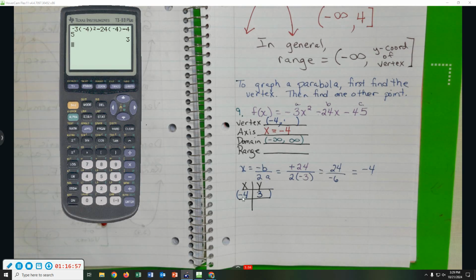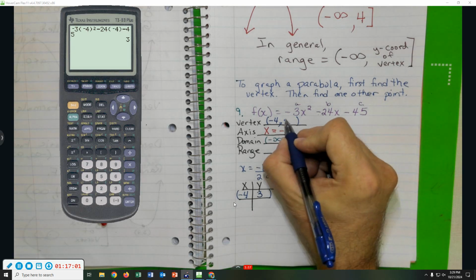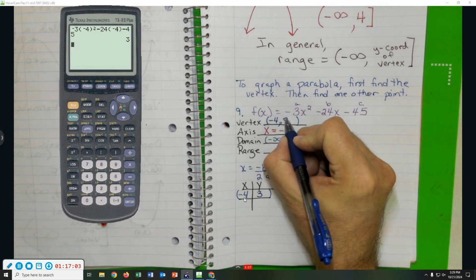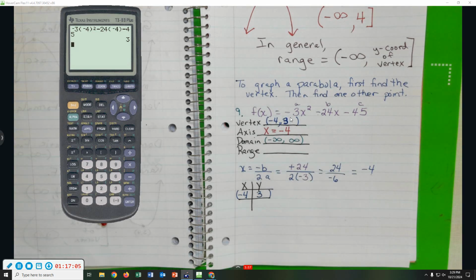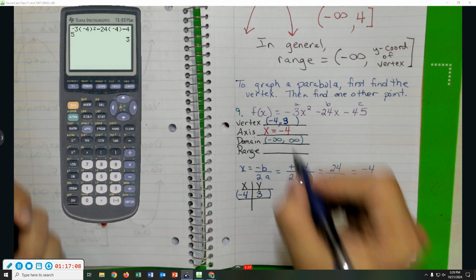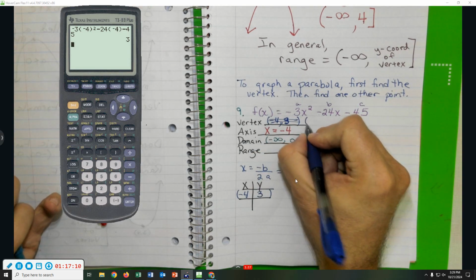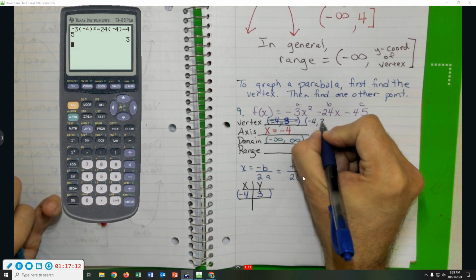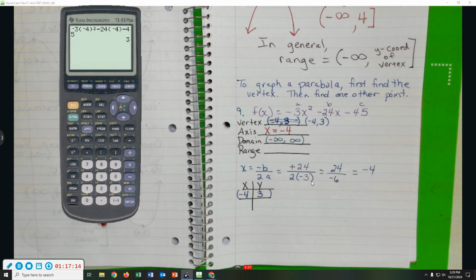And then minus 45. This graphing tool is similar to the graphing tool that we had for absolute values. You found the vertex, you plot one other point, and it does all the symmetry for you. Well, what's my favorite number to plug in? If I'm choosing a number, what do I like to plug in?